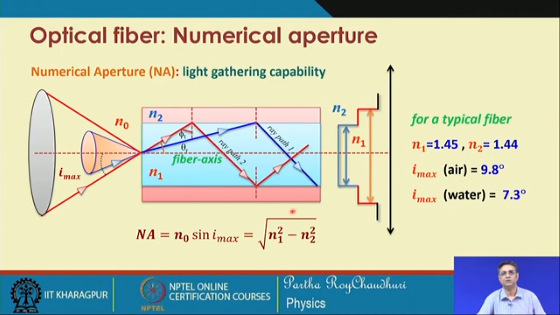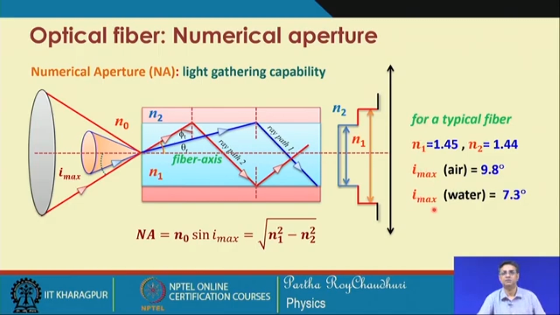We will see. So, n1 for a typical fiber is of the order of 1.45, n2 about 1.44, slightly less, and in that case this i max for air-glass is 9.8 degrees, and for water this is 9.7.